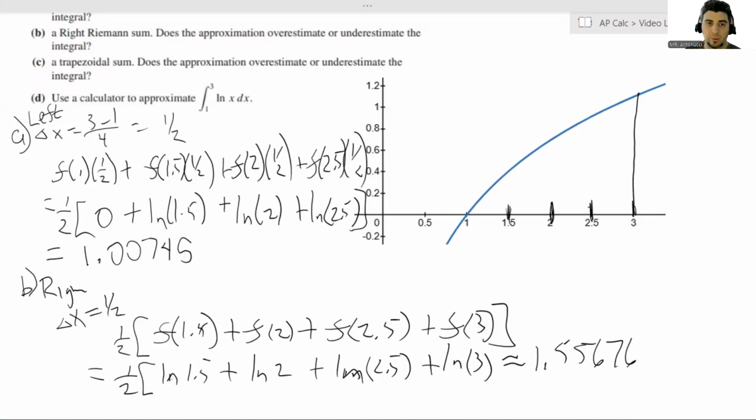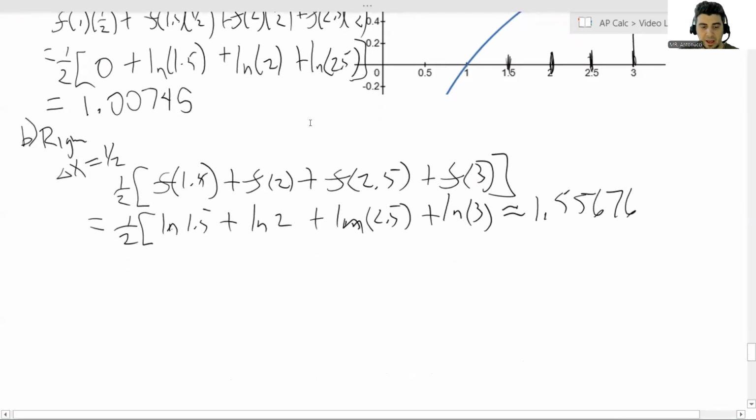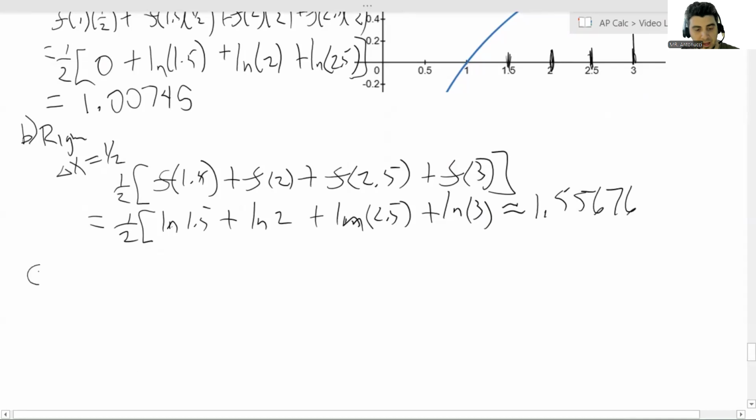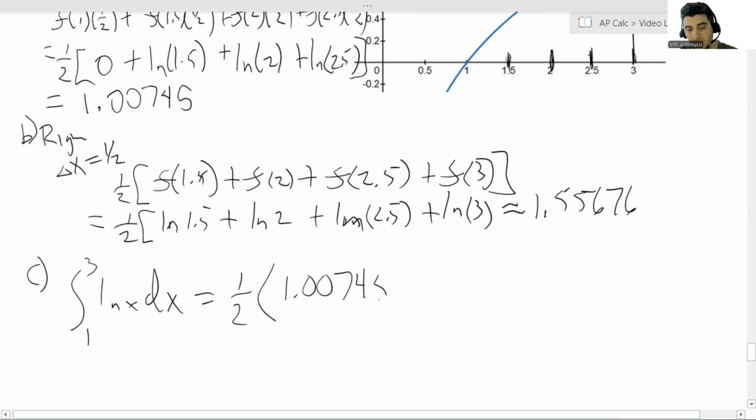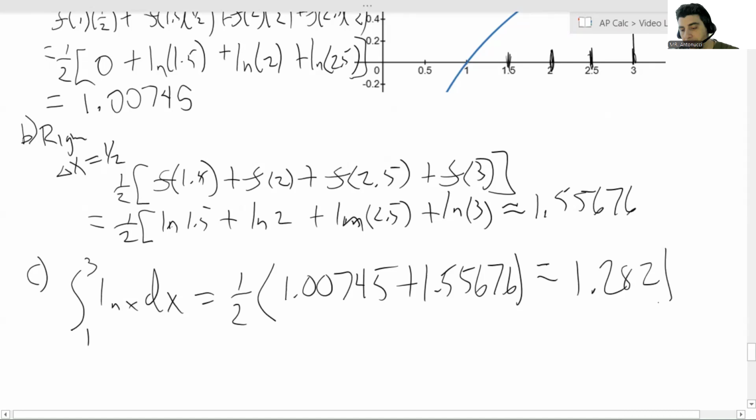So by the trap rule, for part C, the integral from 1 to 3 of natural log x dx is going to equal 1/2 of 1.00745 plus 1.55676, which is approximately 1.282.